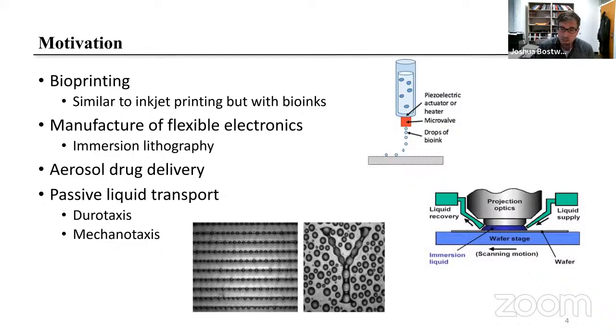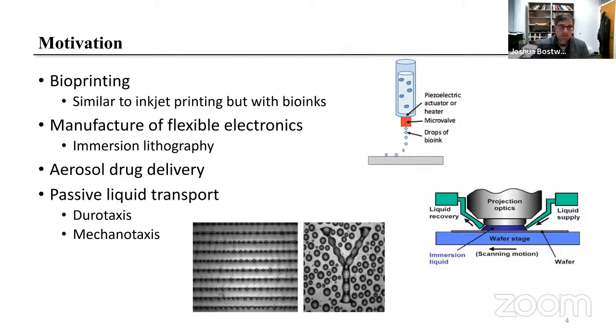In bioprinting, you typically use what's called a bioink, and these bioinks have to be able to support cells and not damage them. Typically bioinks are some sort of gel, either agarose gels or alginate gels. The difference here is that these gels actually have a finite elasticity in addition to things like surface tension and viscosity.